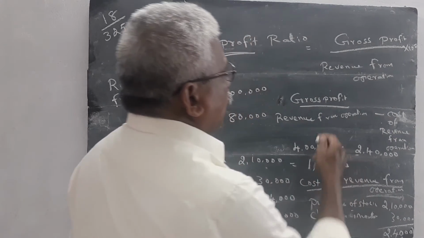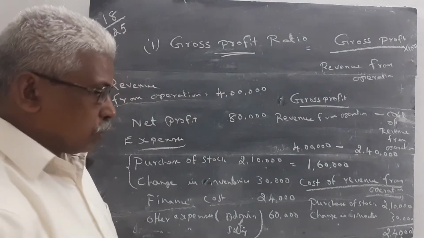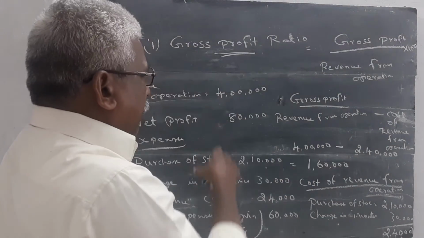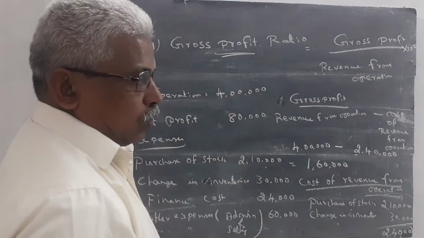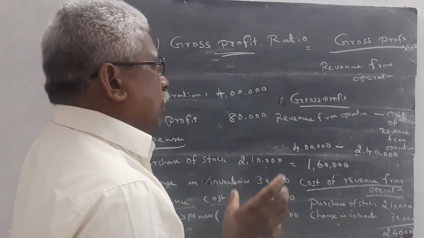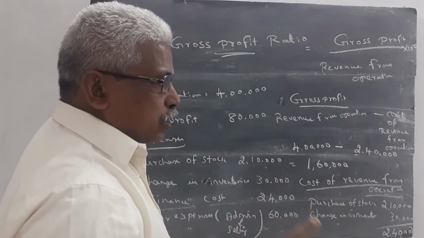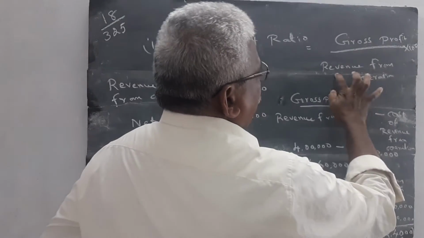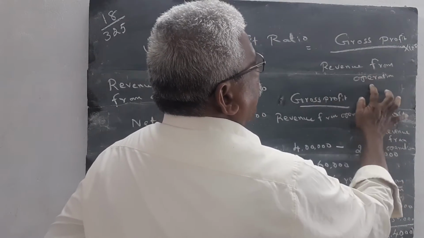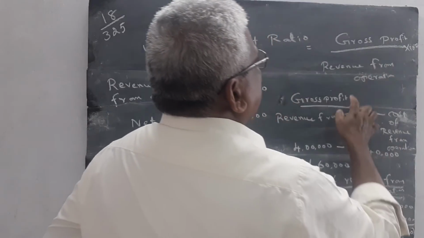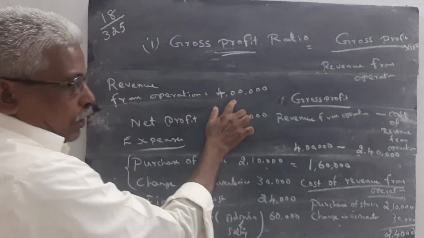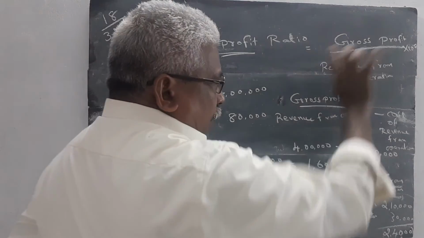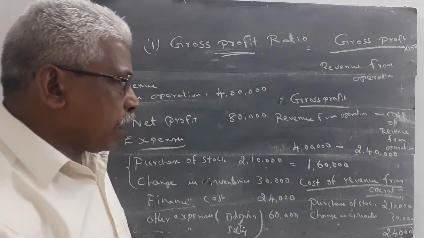So here we know the gross profit. Once again, when we calculate the gross profit ratio, first write the formula: gross profit divided by revenue from operation into 100.